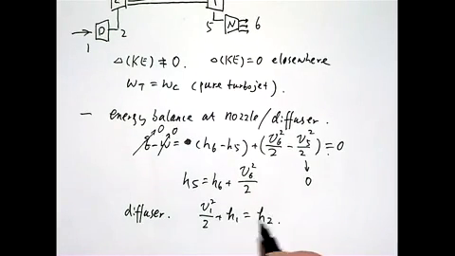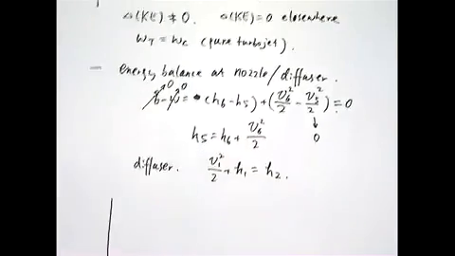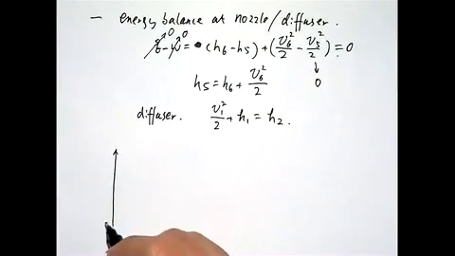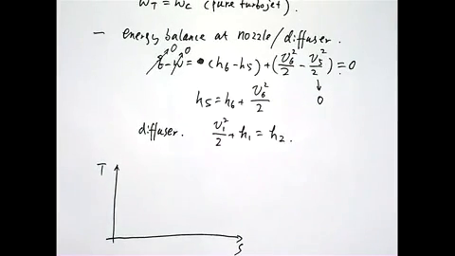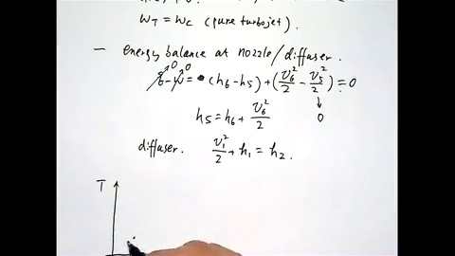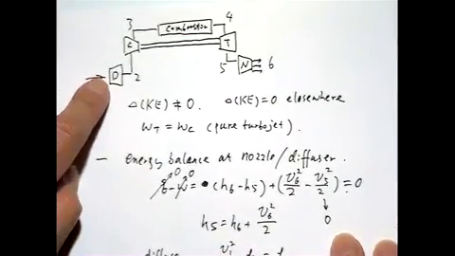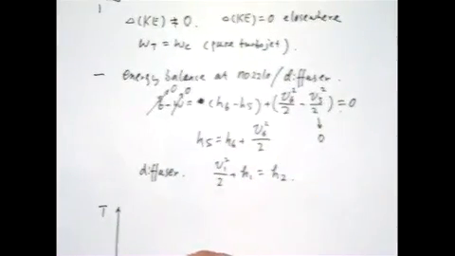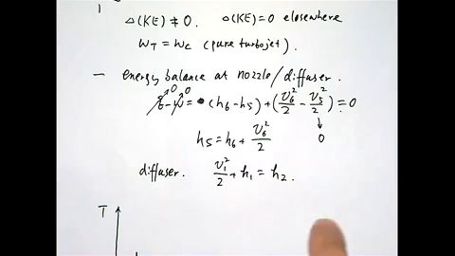All right, so with these two, we can draw the TS diagram. Starting from the entrance, which is state 1, going through the diffuser first is an isentropic process, even though kinetic energy is being converted to enthalpy here.